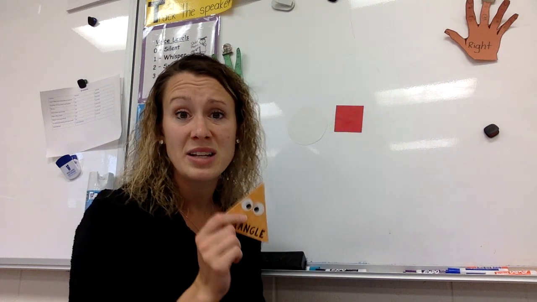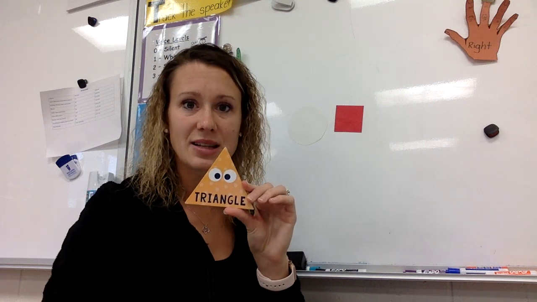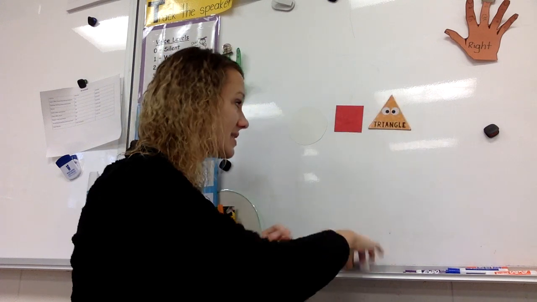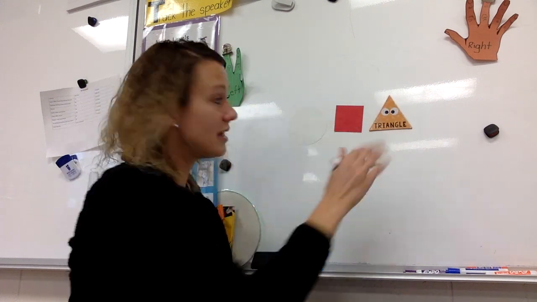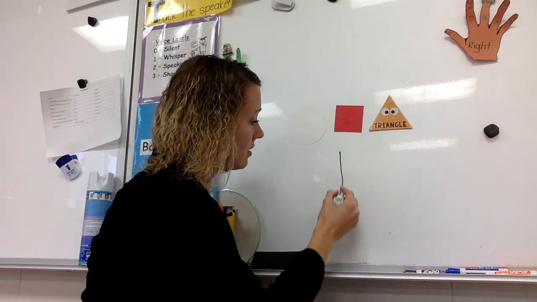Boys and girls, you need to know something. Not every triangle is going to look just like this. But if it has 3 sides and 3 angles, it's a triangle. Let me show you. This point right here is in the middle, right? But sometimes a triangle might look like this.